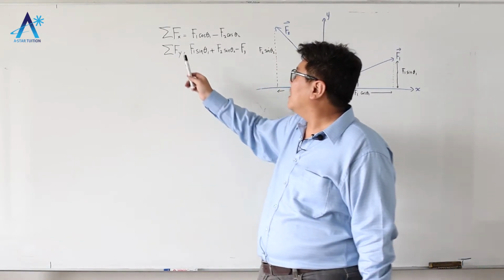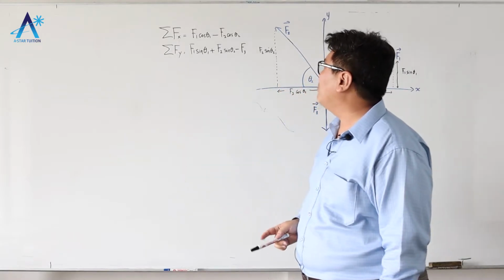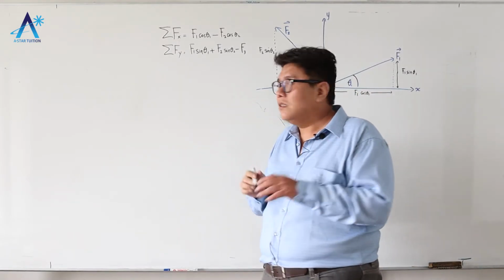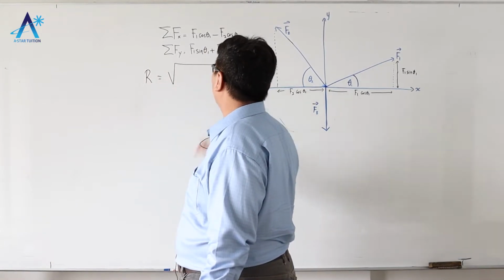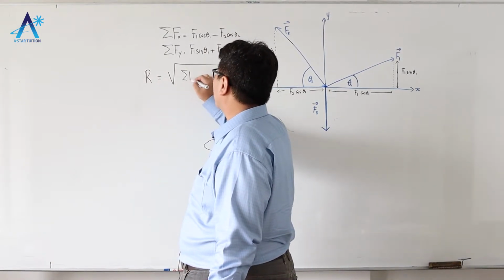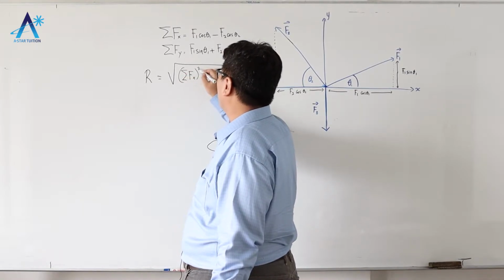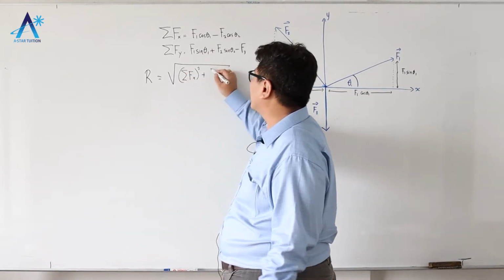Now that we have sigma Fx and sigma Fy, we can calculate the resultant by taking the square root of the sum of the squares.